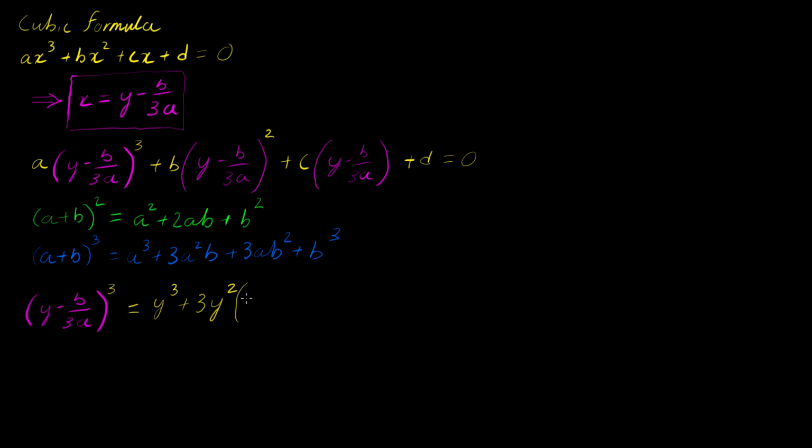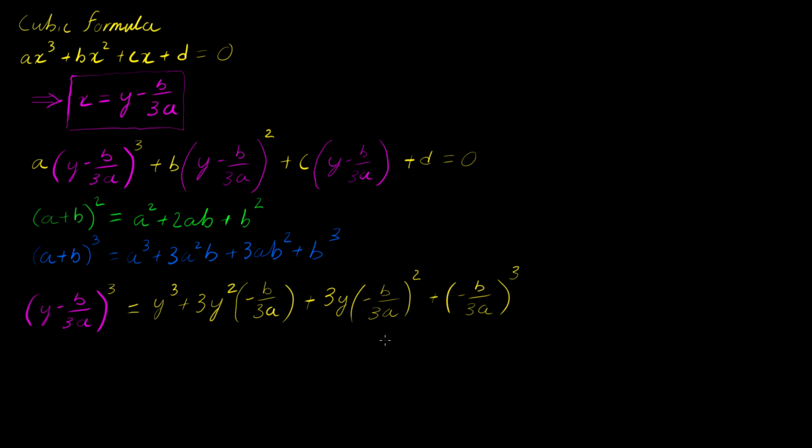And then we've got plus 3 times our a, which is y, times our b squared, which is negative b over 3a squared, and then plus our b cubed. So we're going to take this negative b over 3a and cube it, so plus negative b over 3a cubed.